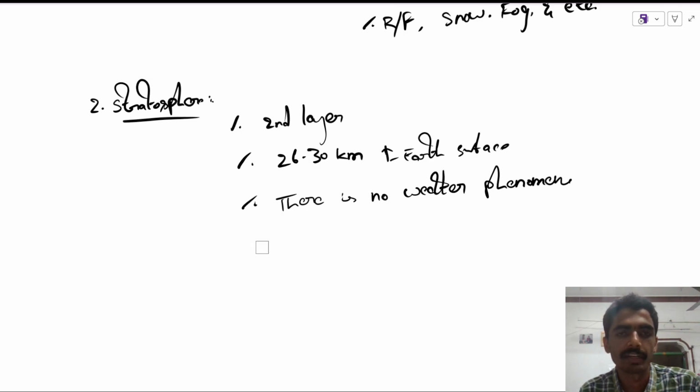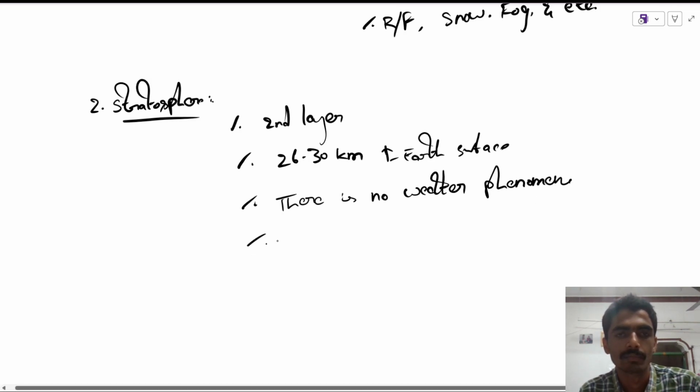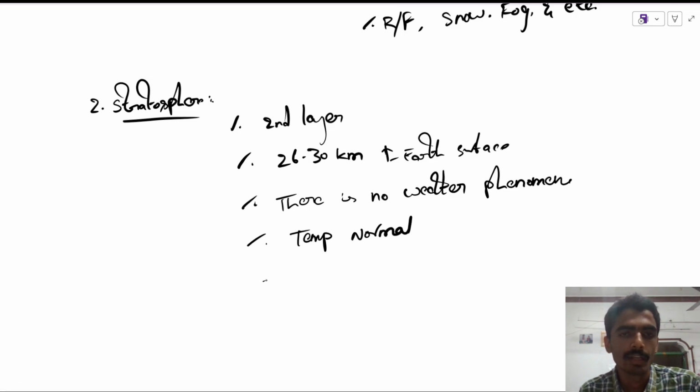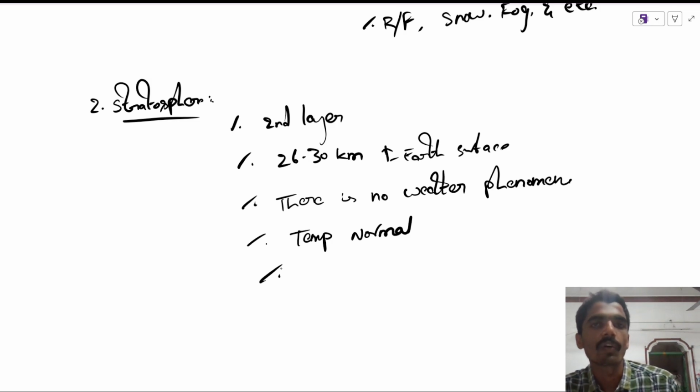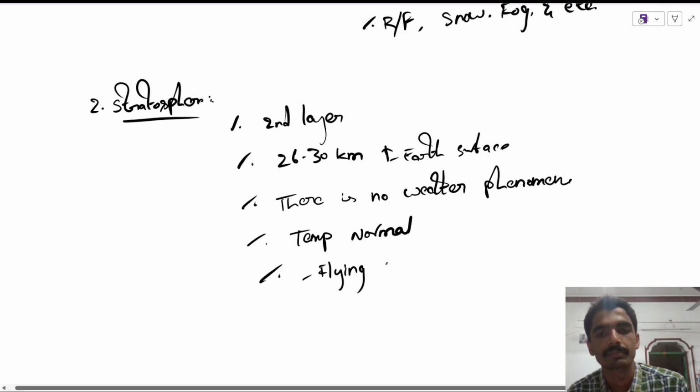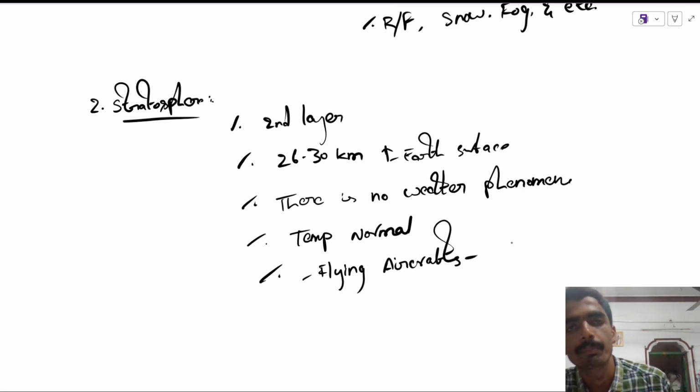The temperature was normal. The stratosphere is also called the less turbulence or no turbulence zone, which is comfortable for flying of aircraft. Generally the aircraft, which means aeroplanes, will travel in this stratosphere.